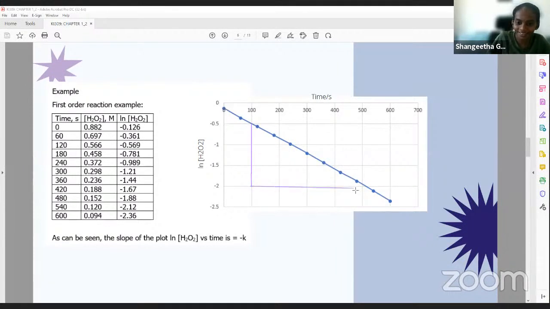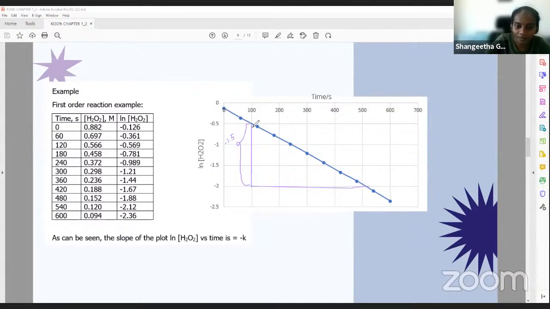My line is not that straight, but you have to draw a straight line to the graph. Once you have drawn the straight line through the graph, you want to get the value of here, which is now negative 1.5.